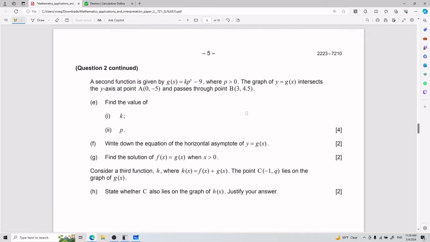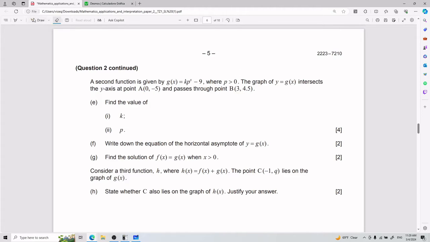All right. Then they give us a second function, which is given by g of x equals k times p to the power of x minus 9, where p is greater than 0. The graph of y equals g of x intersects the y-axis at this point and passes through this point. With all of that, we need to find the value of k and p.